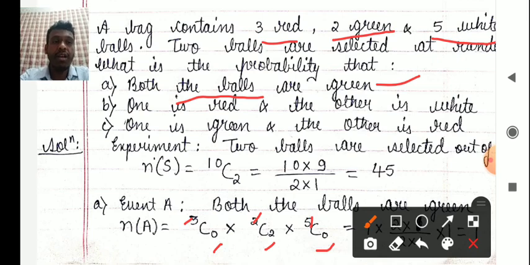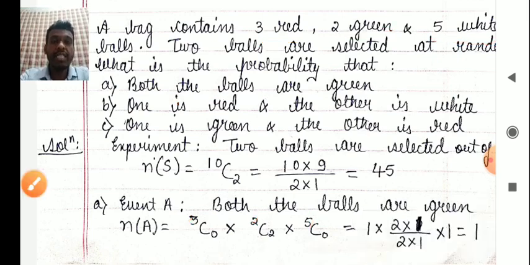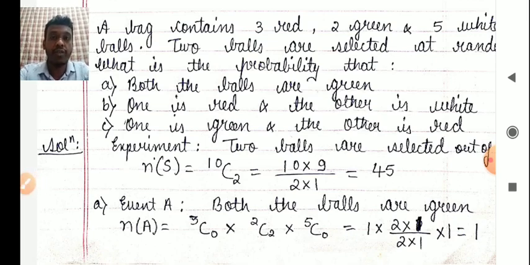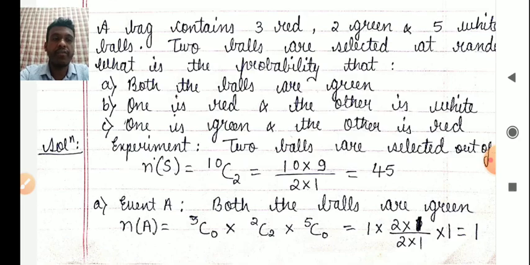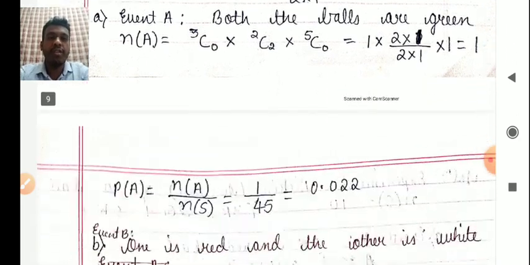So this is how we solve this. nC0 is always equal to 1. Remember the standard value which I have given you along with the formula. So 1 into this, if expanded, becomes 2 into 1 upon 2 into 1, into 5C0 which is also equal to 1. With cancellation, everything becomes 1.